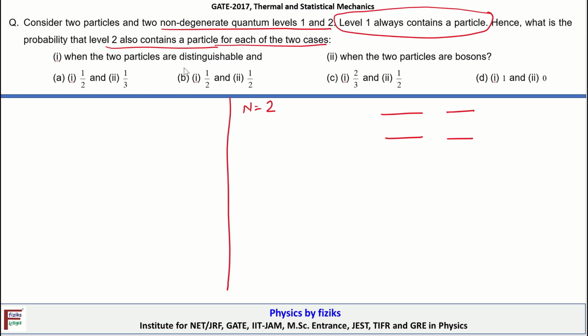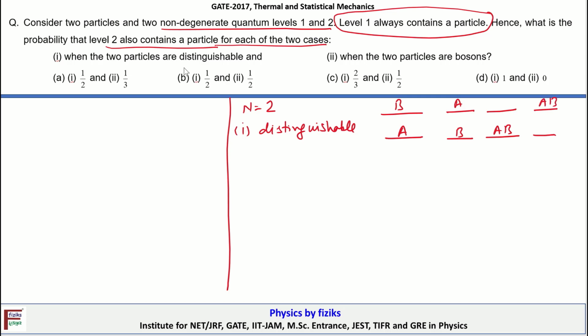So let's see what are the options that are available with us. In the first case, let's say when we treat the particles as distinguishable, the way we can arrange them is A, B, B, A. Then either we can put both of the particles here, or both of the particles here.